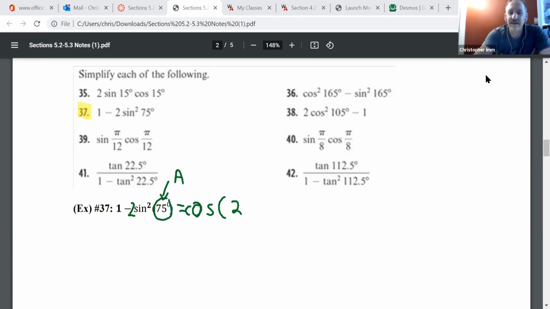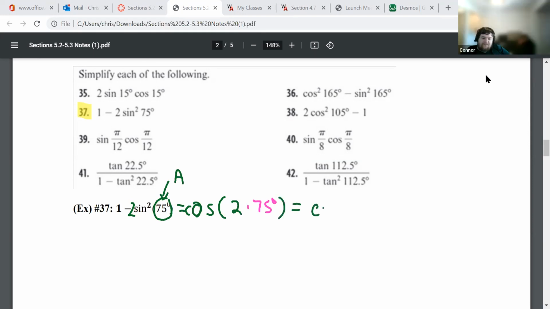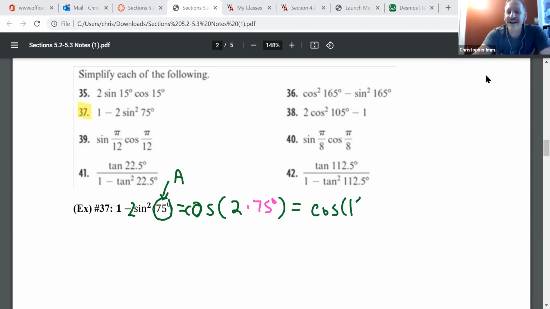So it's going to be cosine of 2 times my 75 degrees. What's 2 times 75 degrees? 150 degrees. All right.